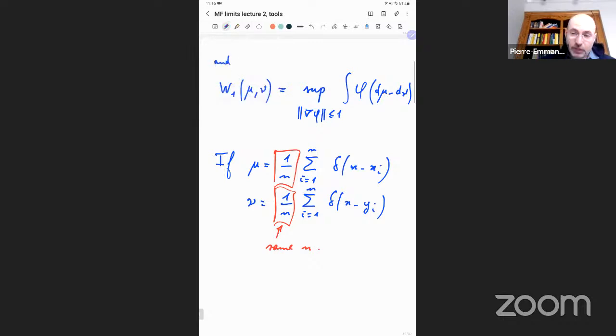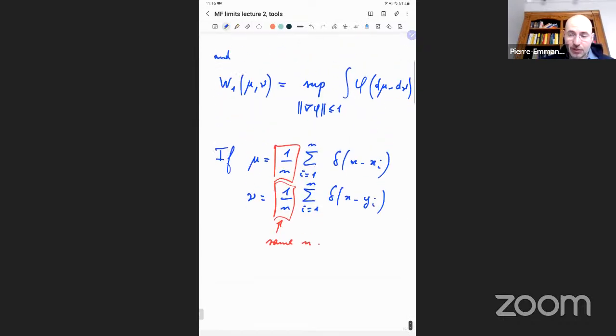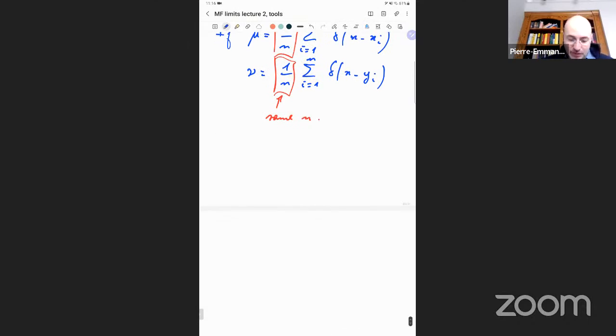Well, relatively easily, we can write an expression. Calculating it would be another matter numerically. That's because it is actually the L^p norm, the discrete L^p norm between the x_i and the y_i.